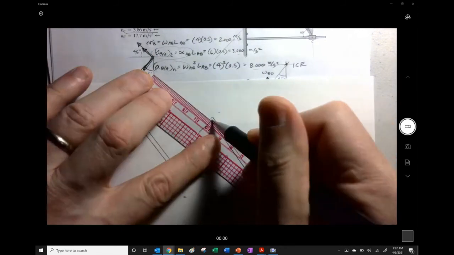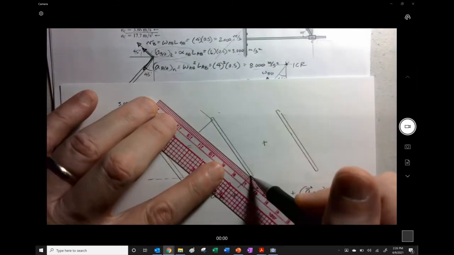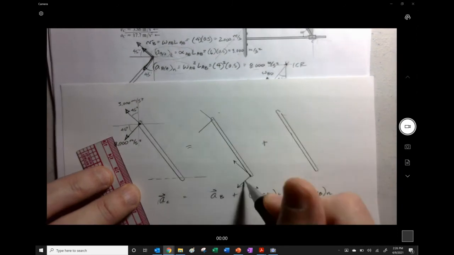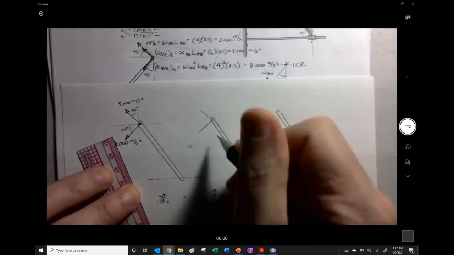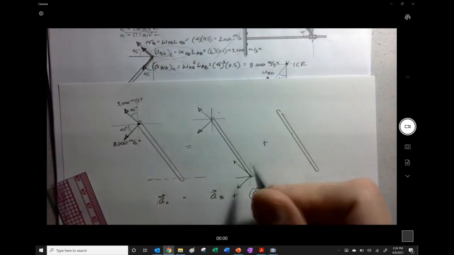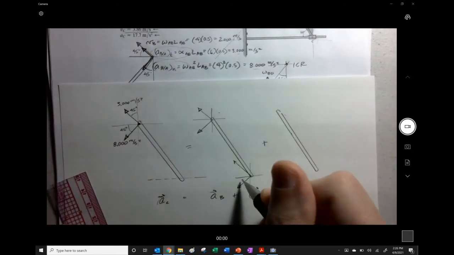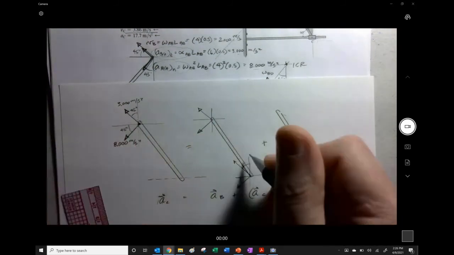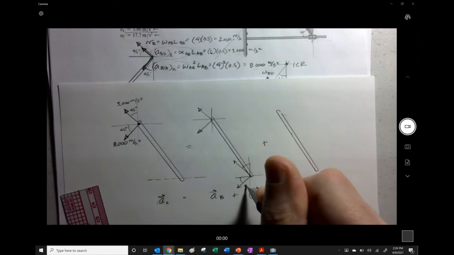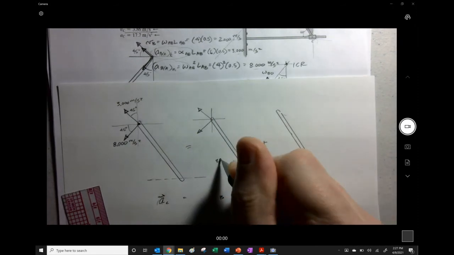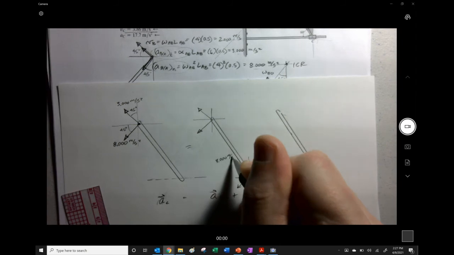I'm not going to label them all the way here. Maybe I'll label this one right here: 8 meters per second squared, 3 meters per second squared.